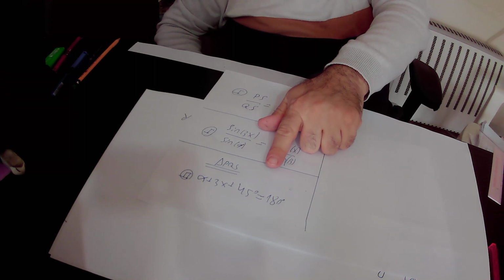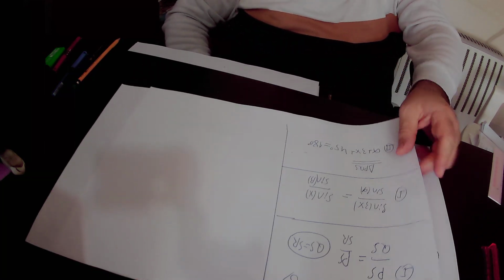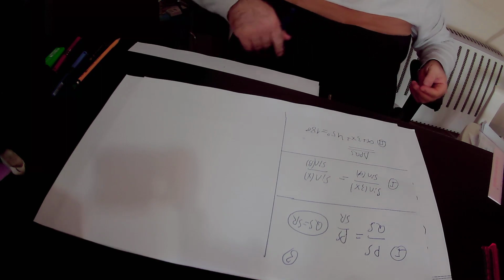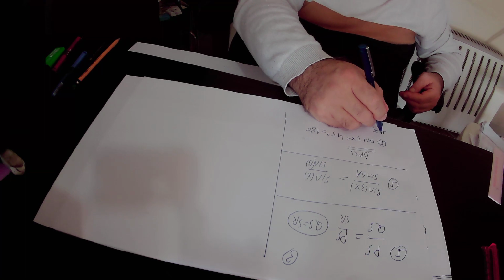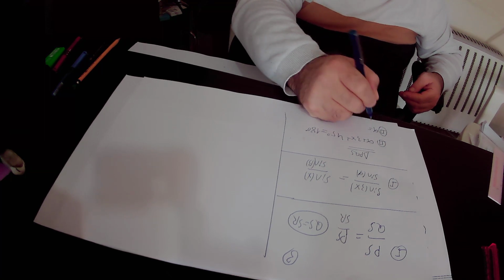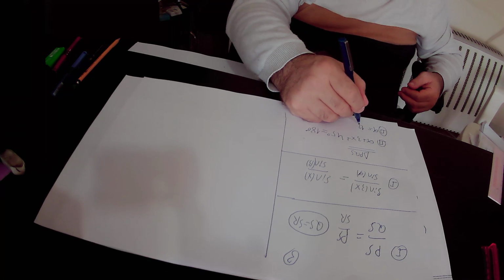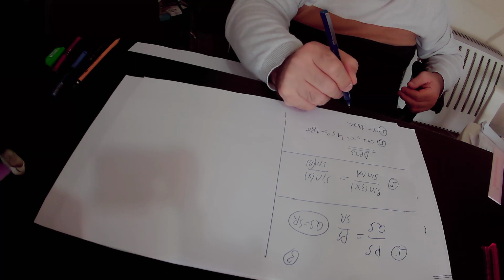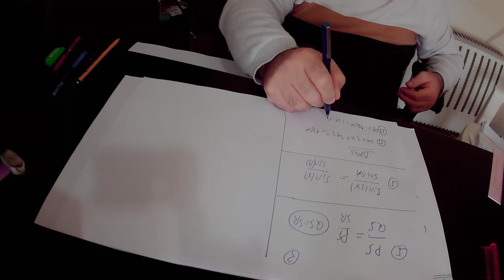Here we will subtract from this equation number 2, 3x and also 45 degrees, and we will get that angle alpha equals, according to equation number 2, angle alpha equals 180 degrees minus 3x plus 45 degrees.